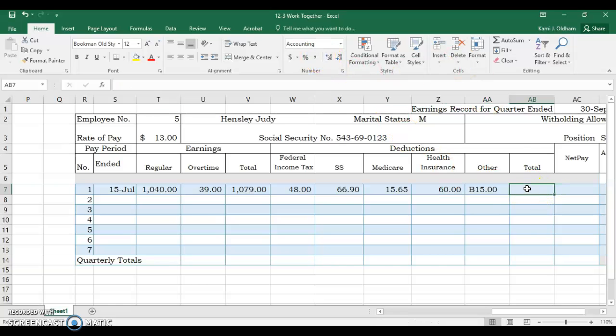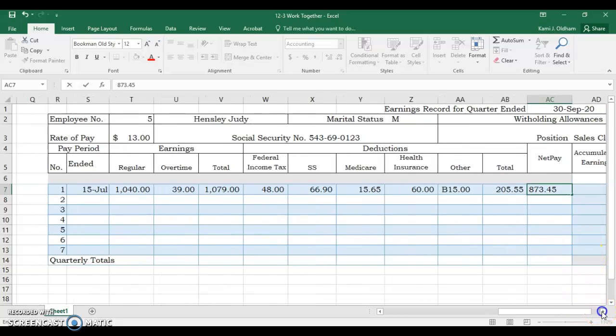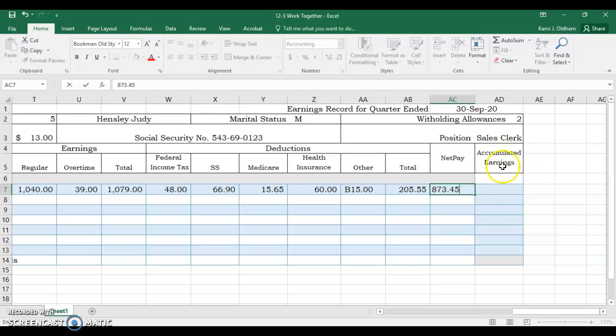Her total being $205.55, and then her net pay is $873.45.